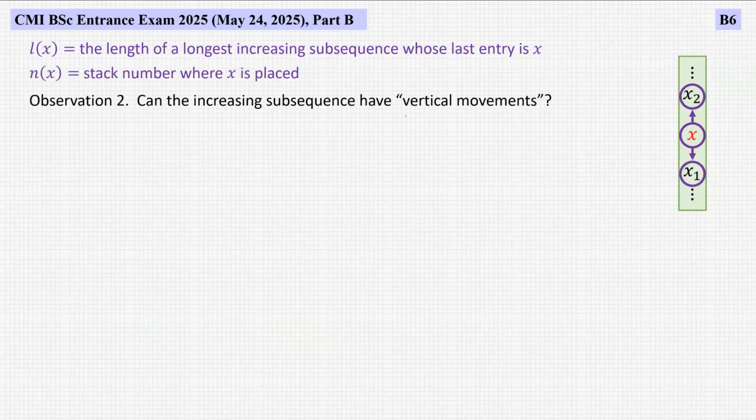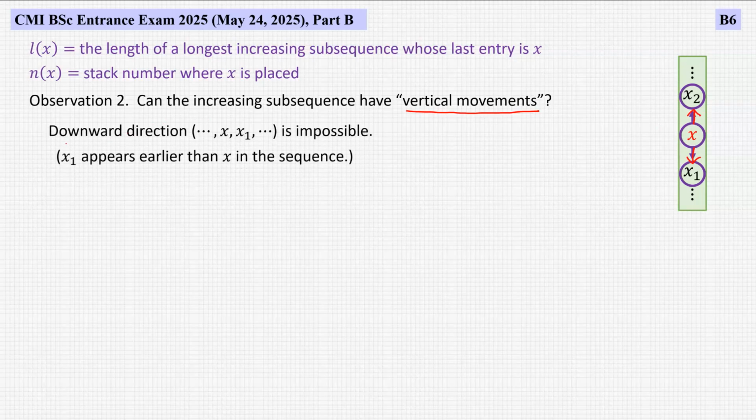Can the increasing subsequence have vertical movements, like x to x1 or x to x2 in the figure? Let me explain. First, forming a subsequence in a downward direction is impossible, because x placed on top of x1 implies that x1 appears earlier than x in the sequence.